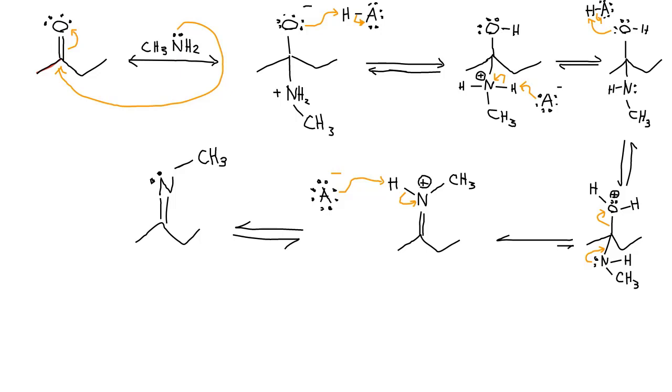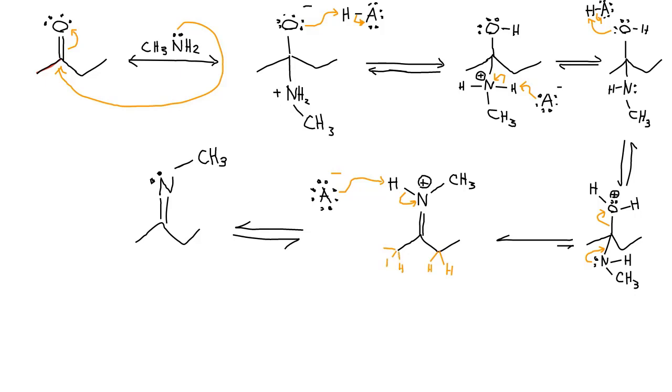Now the only difference in the mechanism for an enamine is in a case where you don't have that extra hydrogen on the nitrogen here. For an enamine, you'd see these two hydrogens here, and technically there's also hydrogens here, right?